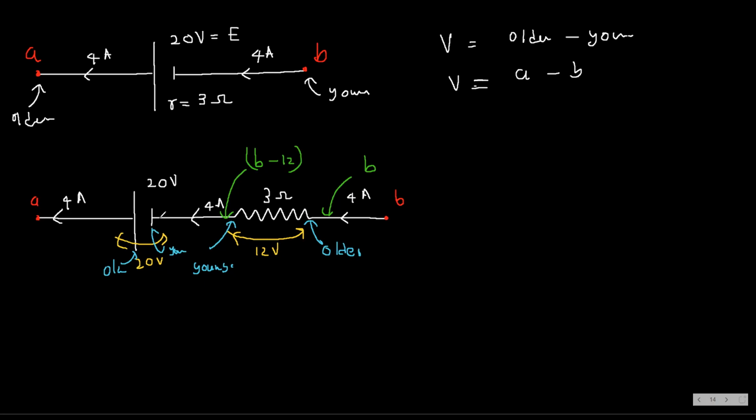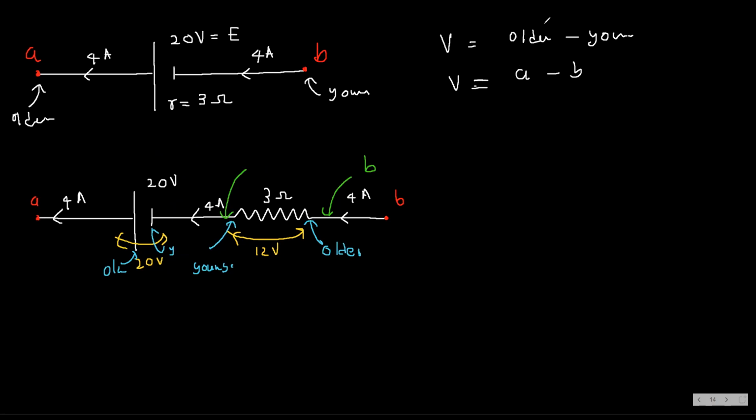Now the younger one's age is B minus 12. Irfan? Plus 20. Yes, B minus 12 plus 20. Is it clear to everyone? Sobana, is it clear? Why B minus 12, sir? Ah, okay, I will tell you.